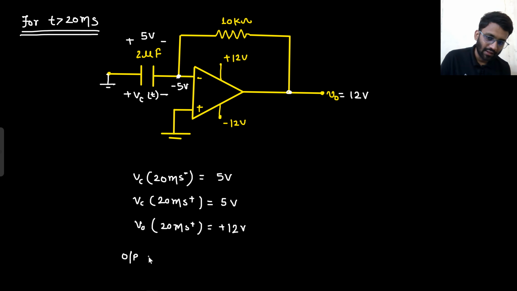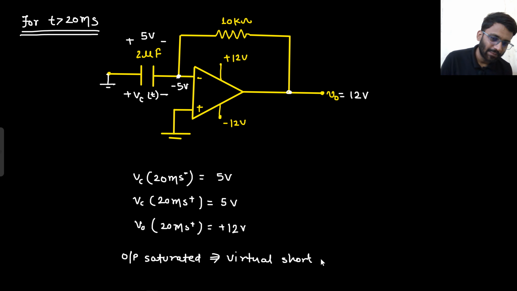Output is again saturated. If output is saturated, what does that mean? Virtual short is not valid. Output is saturated, virtual short is not valid. So how does your circuit look like? This node is grounded.